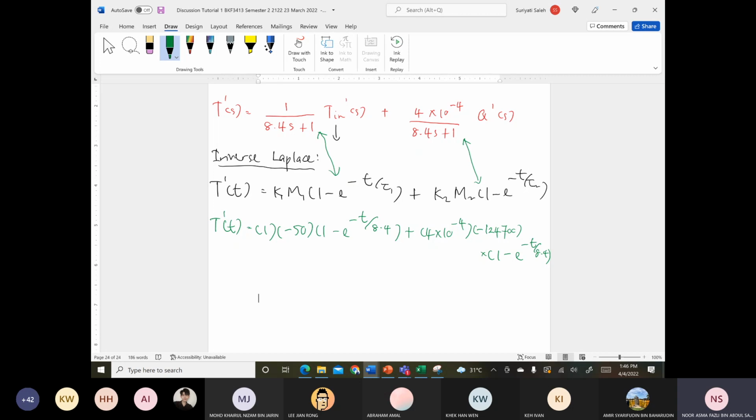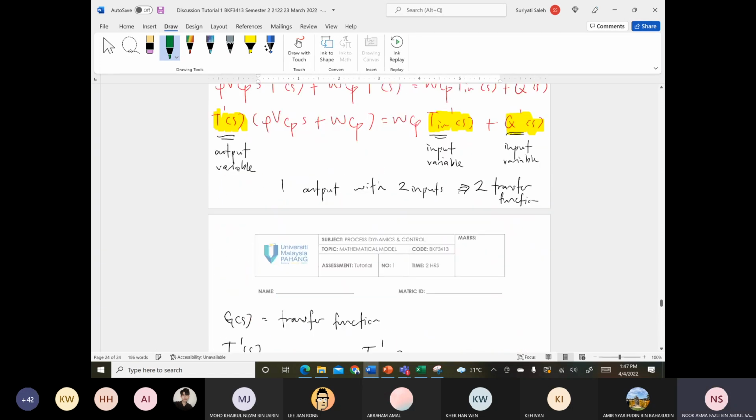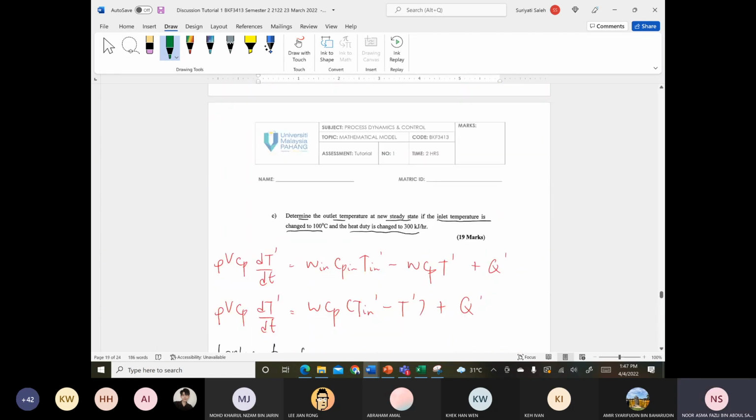Now the only problem here is we don't know the value of t. What is the value of t? If we take a look, the time is not given. It just mentions what is the outlet temperature at new steady state. We already substituted the inlet temperature magnitude and the heat duty.